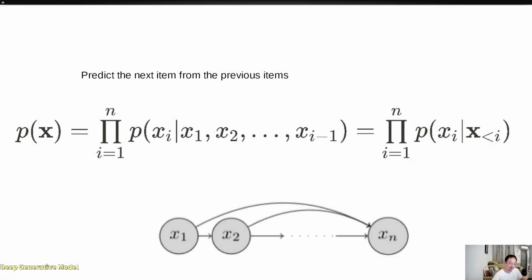Let me go back here about how we implement this kind of formula into concrete things that we can actually use.